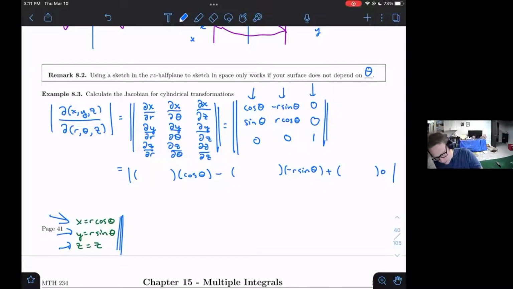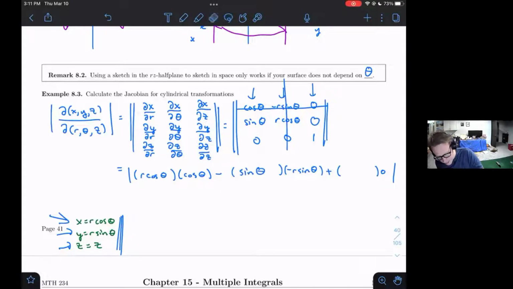So let's be careful. We're going to go ahead and cross out the first row and first column. And when I take the determinant of this matrix minor, we're going to have r cosine of theta minus 0. When I do the first row and second column, well, that's going to be sine of theta minus 0.